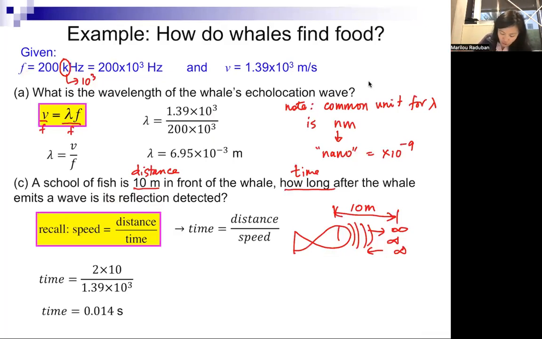Okay, so the distance should be 20 meters, and you have the speed, which is given in the information. You have a time of 0.014 seconds. Cool. Are we happy with the solution to this question?